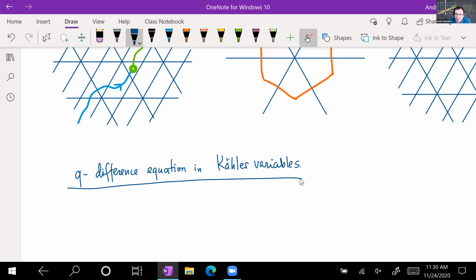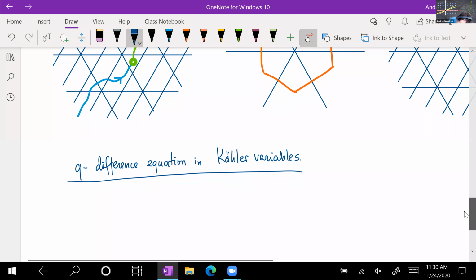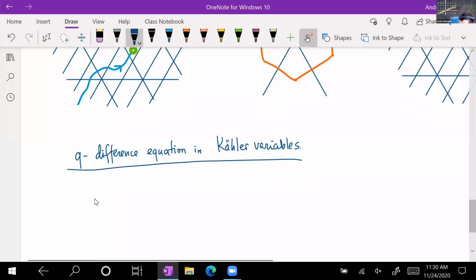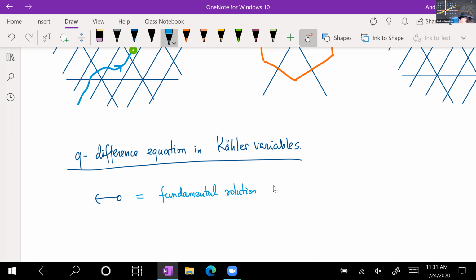This is the Q-difference equation, and this object is the fundamental solution for this Q-difference equation.